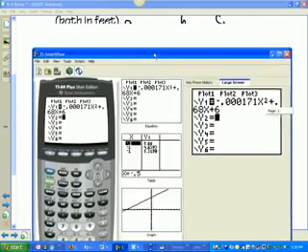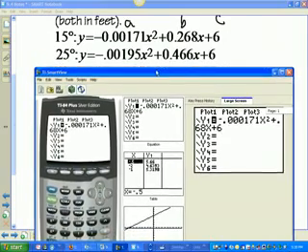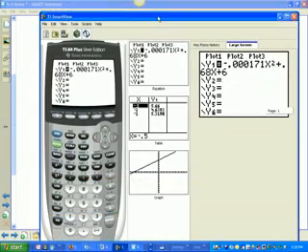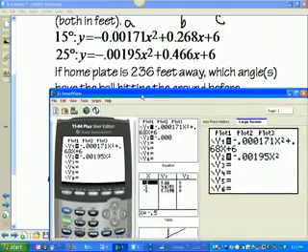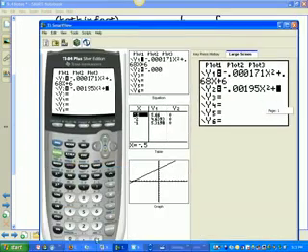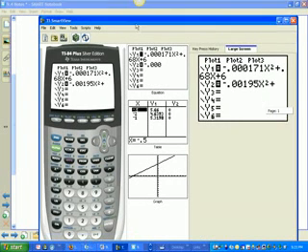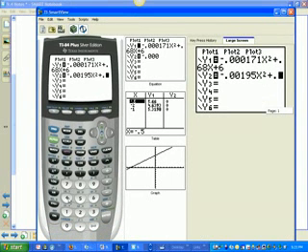Okay, then let's type in the second equation at the same time. So negative 0.00195x squared plus 0.466x plus 6.